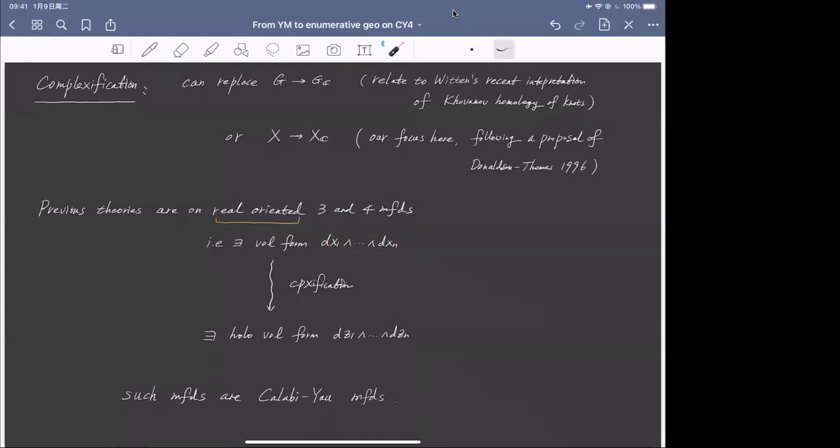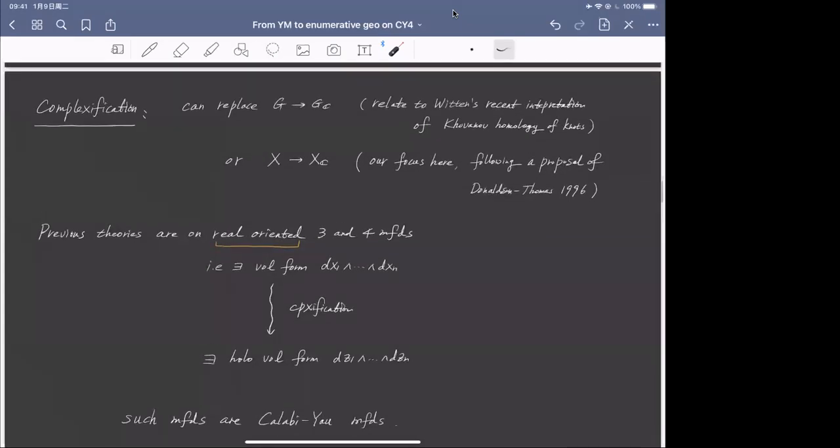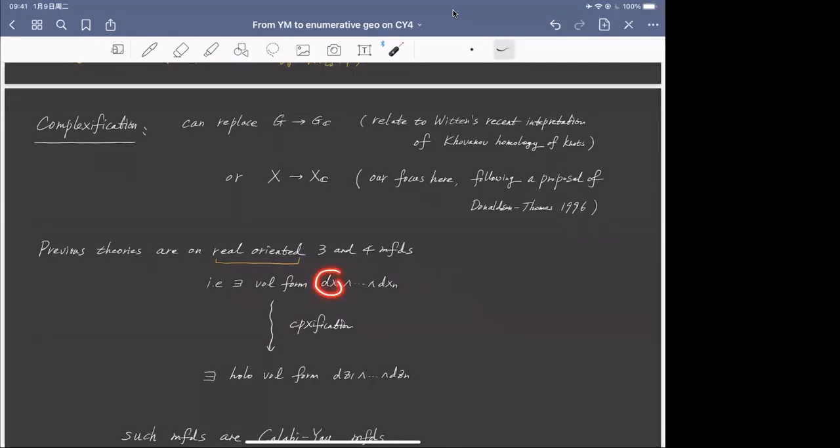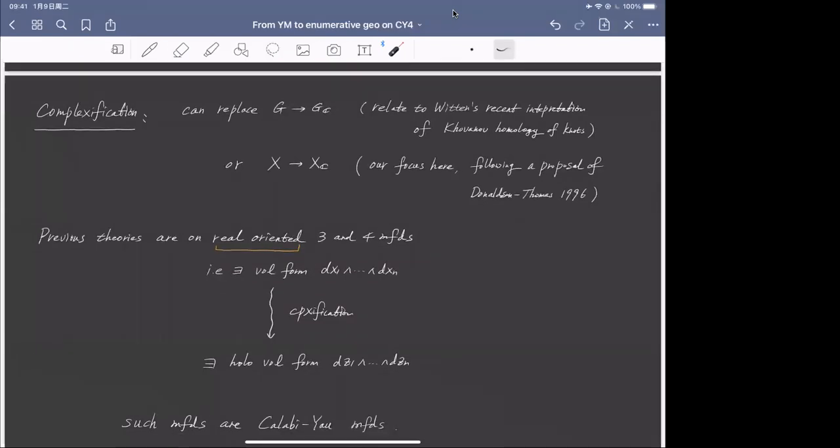So the notion of complexification is that we need to have a holomorphic volume form. Basically we replace dx1, dx2 to dxn by dz1, dz2 to dzn. So z1, z2, zn are holomorphic coordinates of our complex manifolds. Now complex geometry appears, but not every complex manifold has a holomorphic volume form.